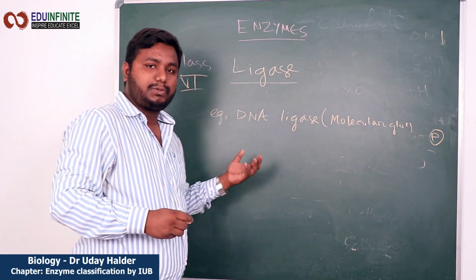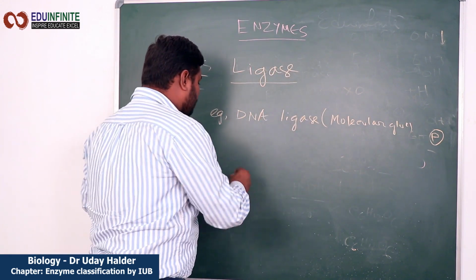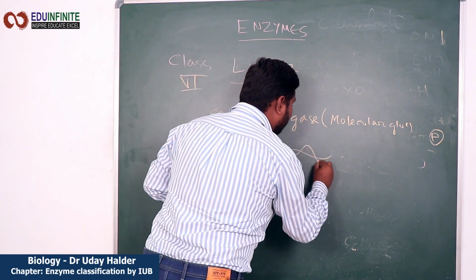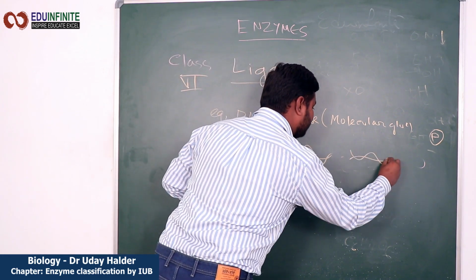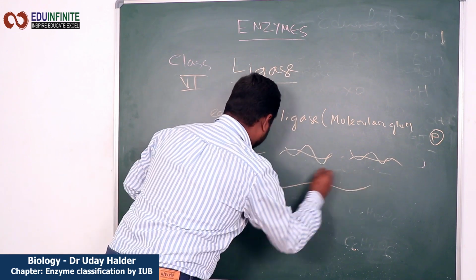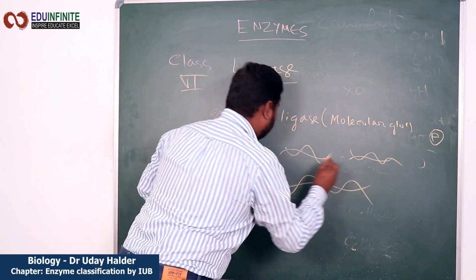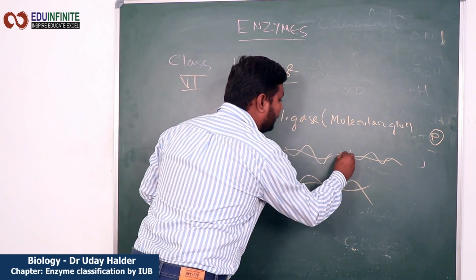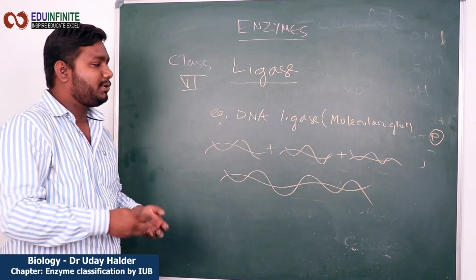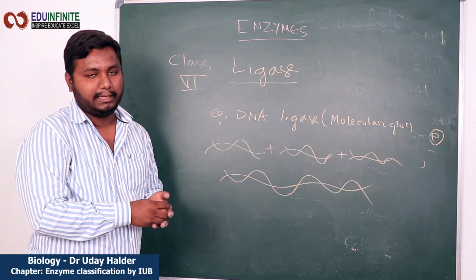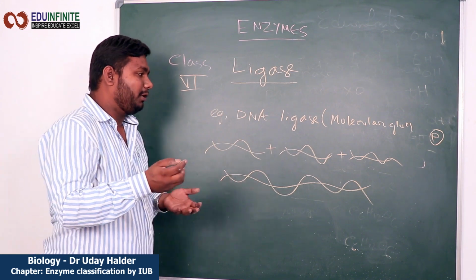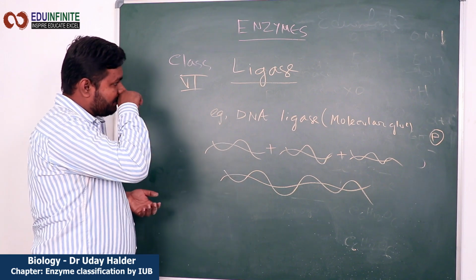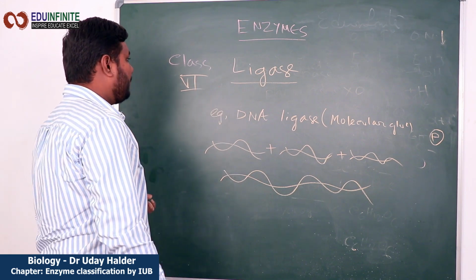DNA ligase is known as molecular glue because it is joining fragments of DNA together. Like this. Yes, DNA ligase is joining the fragments of DNA together, and this enzyme is known as molecular glue in the field of molecular biology or biotechnology. Very famous question, this DNA ligase. So this is another class of enzyme, ligase.